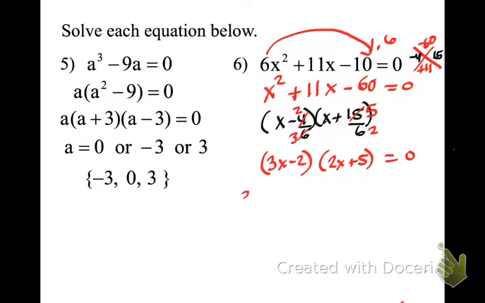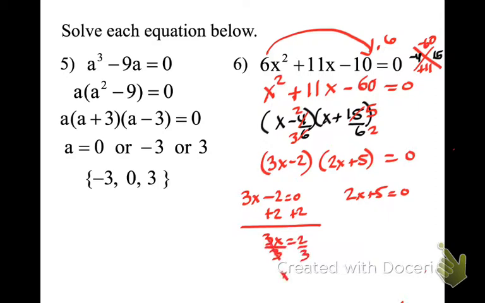Now we set them both equal to 0. 3x minus 2 equals 0, 2x plus 5 equals 0. I'm adding 2, dividing by 3, and x equals 2/3. I'm subtracting 5, 2x equals -5, divide by 2, and x equals -5/2.